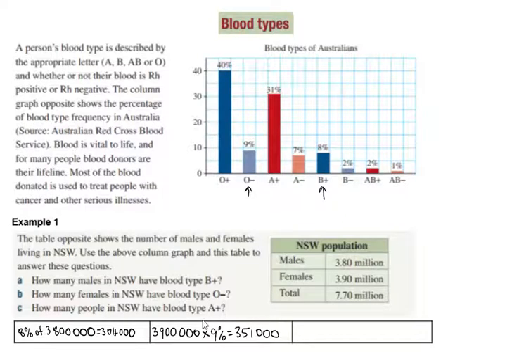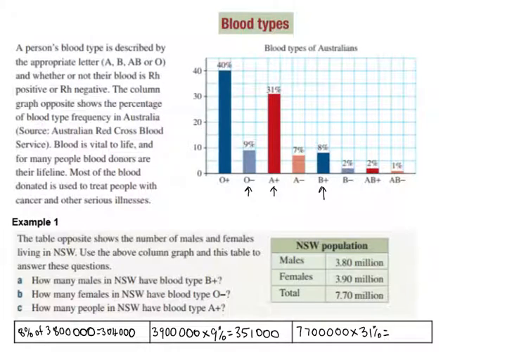And the last question, how many people in New South Wales have a blood type of A positive? So A positive here is 31%, it's the second most common, and we've got 7.7 million, so it's 7,700,000 times 31%.